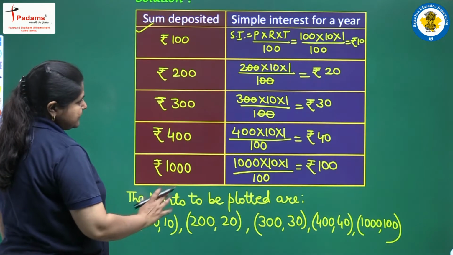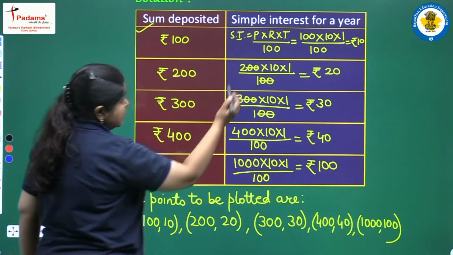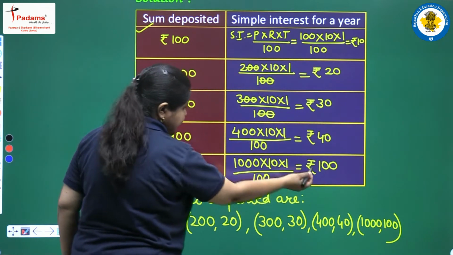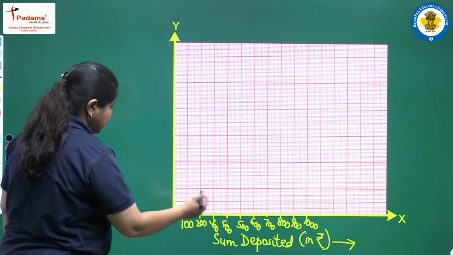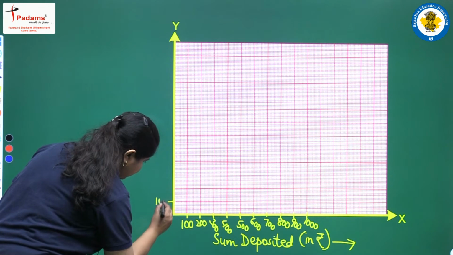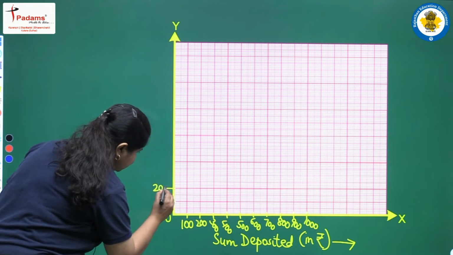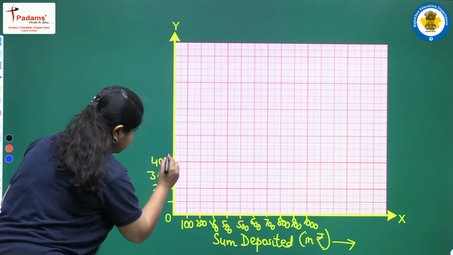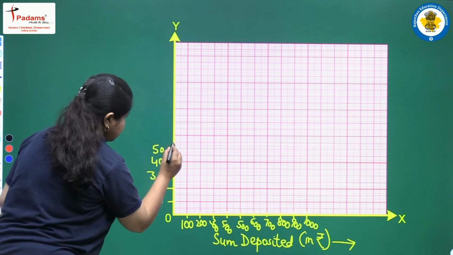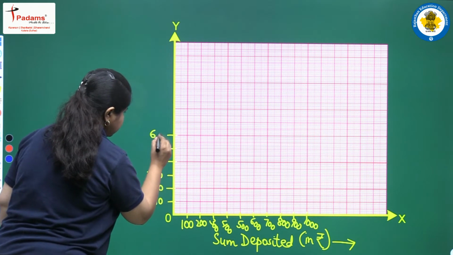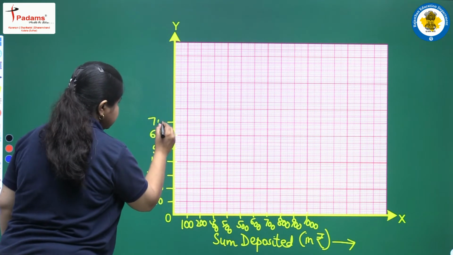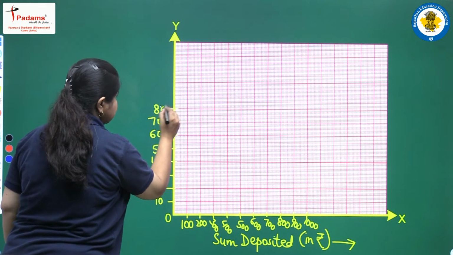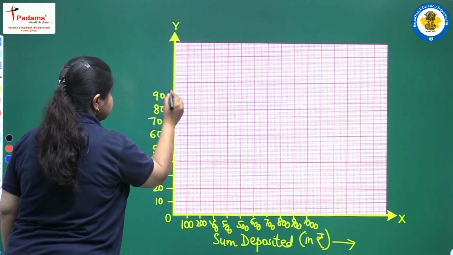Next we have 10, 20, 30, 40 till 100. So again we can mark here 10, then 20, then here we have 30, 40, 50, 60, next is 70, next is 80, then 90 and then 100.